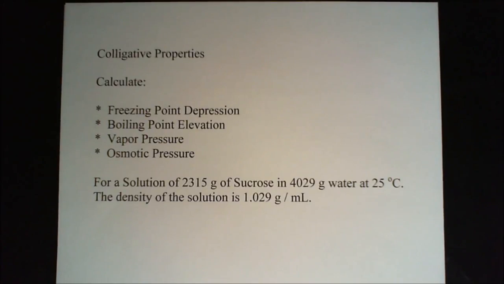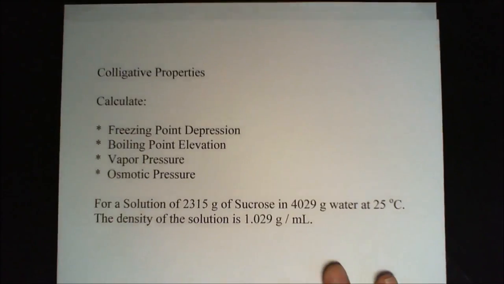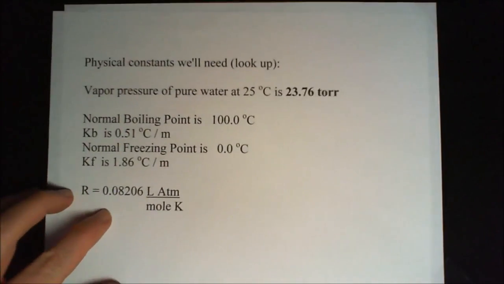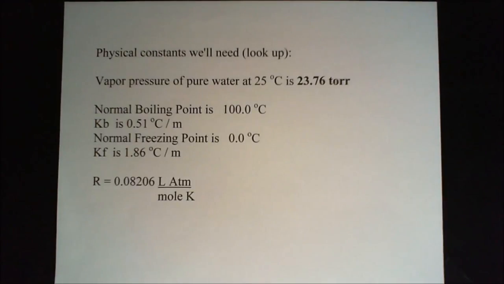Now, I looked up ahead of time some constants that we're going to need to calculate all of these, and these will always be available in a table or they'll be given to you. They're not something that you would calculate, although you could determine these experimentally. And we have things like the vapor pressure. Pure water at 25 degrees Celsius is 23.76 torr. The normal boiling point is 100 degrees Celsius.